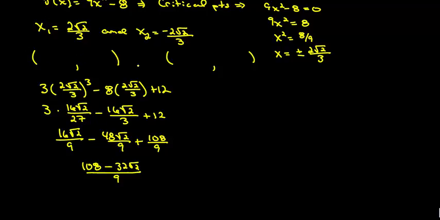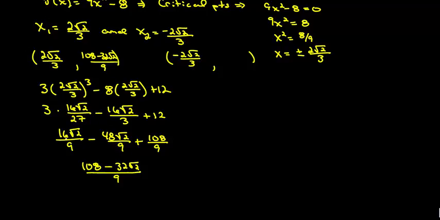So that would be the ordered pair here. So that gives me 2 square root of 2 over 3, and then 108 minus 32 square root of 2 over 9. And we do the same thing over here. So negative 2 square roots of 2 over 3. The only difference is that this guy changes to a plus.